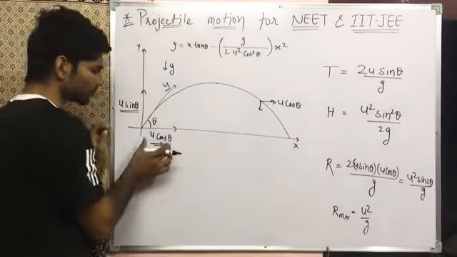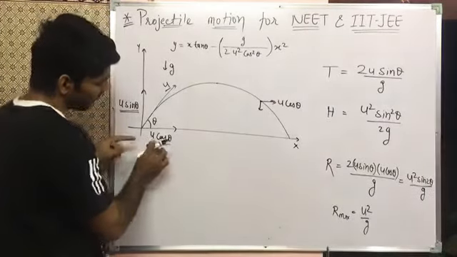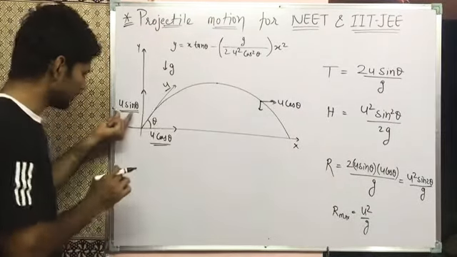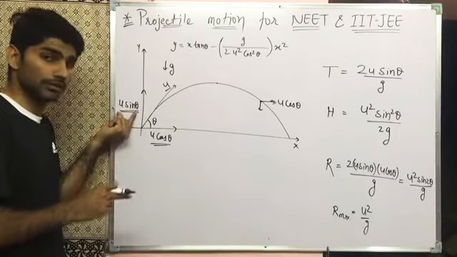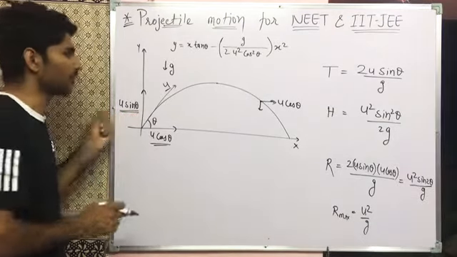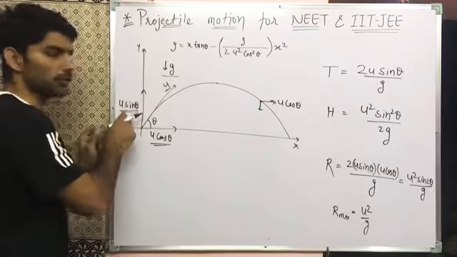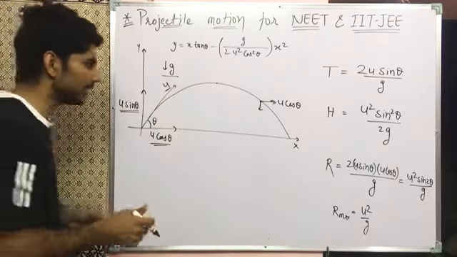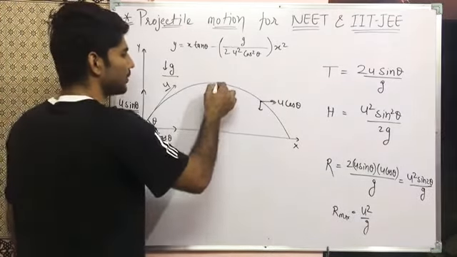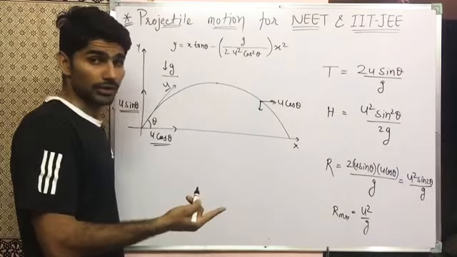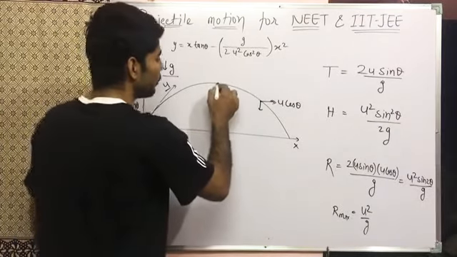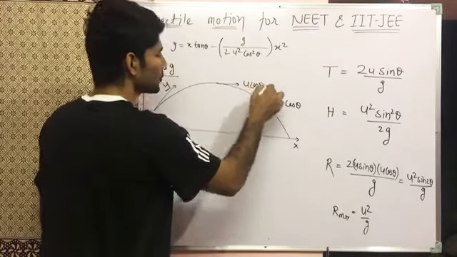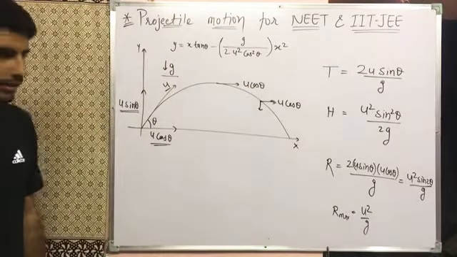Initially, when the object is thrown up, its velocity in the vertical direction is u sin theta, but gravity works opposite to it, so this velocity goes on decreasing, and at the highest point the vertical velocity becomes 0 and we have only one velocity, u cos theta.